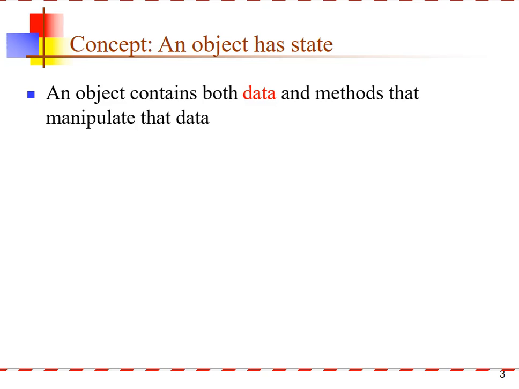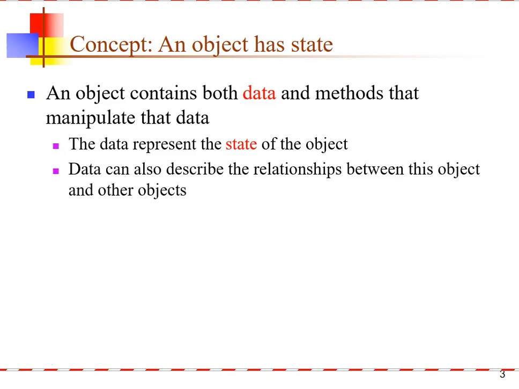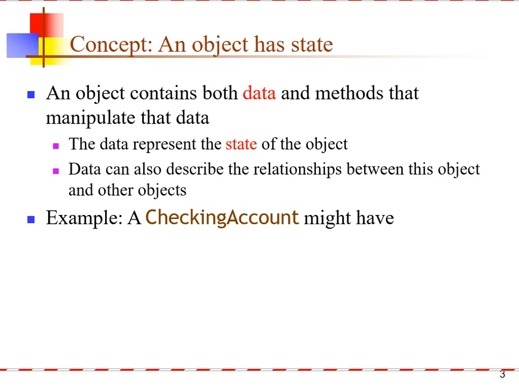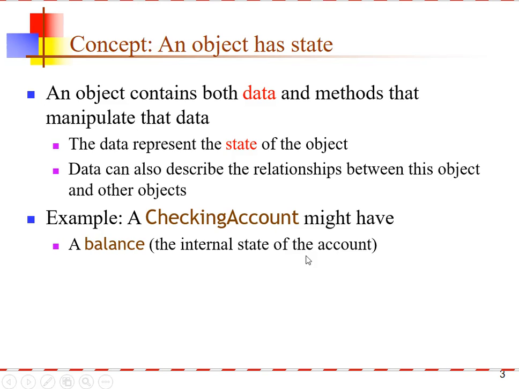An object also contains both the data and methods that manipulate the data. The data also represents the state of the object. So you might have a checking account that has a balance, and so the balance is the state of that account, meaning how much money you have, and based upon that you can maybe make a withdrawal, or you might not be able to make a withdrawal from your checking account if you don't have enough money.